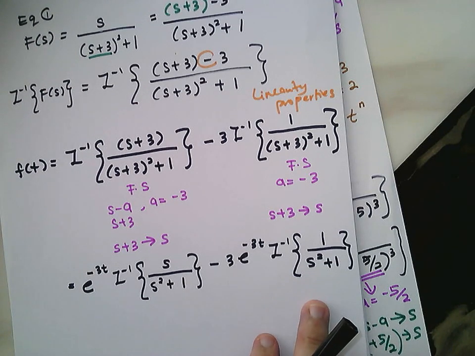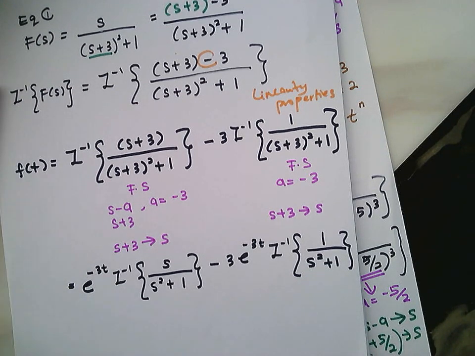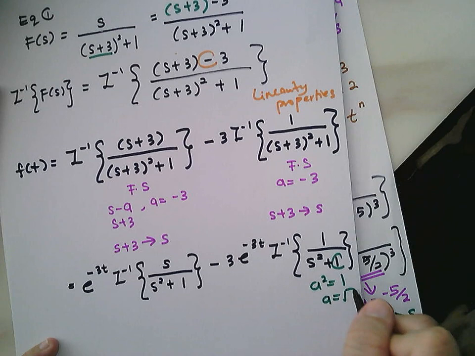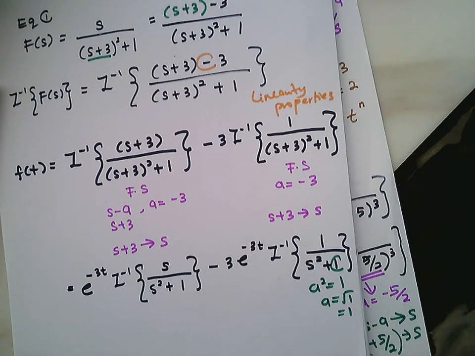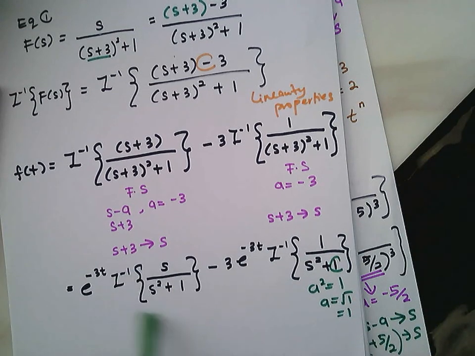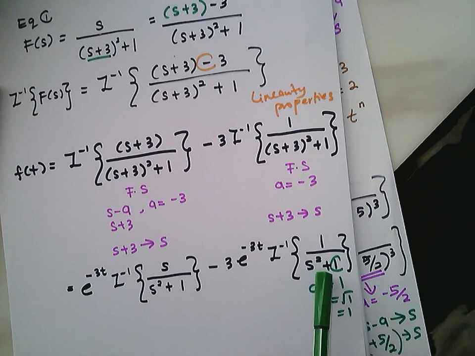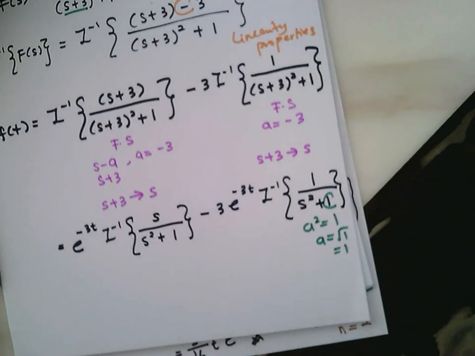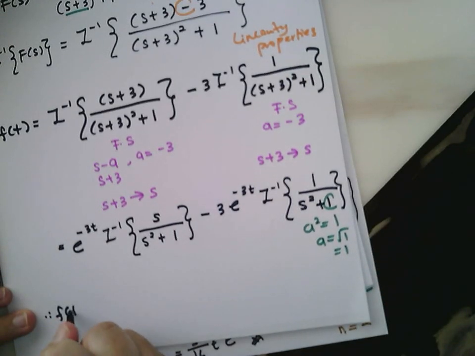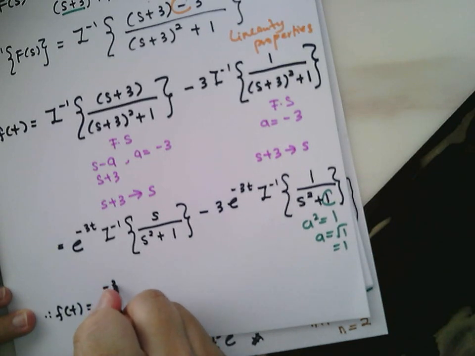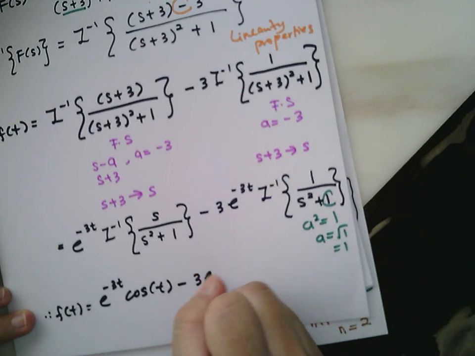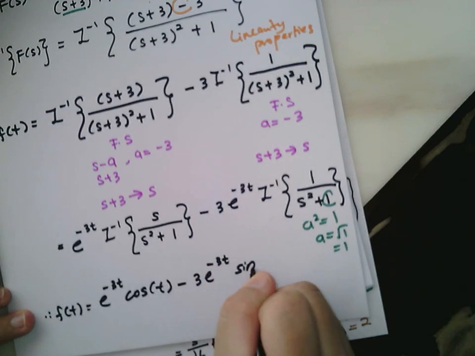For this one, a squared is equal to 1, so a is equal to 1. You already have 1 here, so you don't have to do anything. So therefore, f(t) is equal to e to the power of negative 3t cos t minus 3 e to the power of negative 3t sin t.